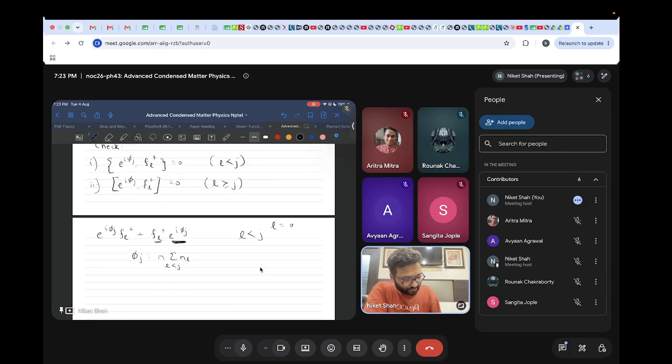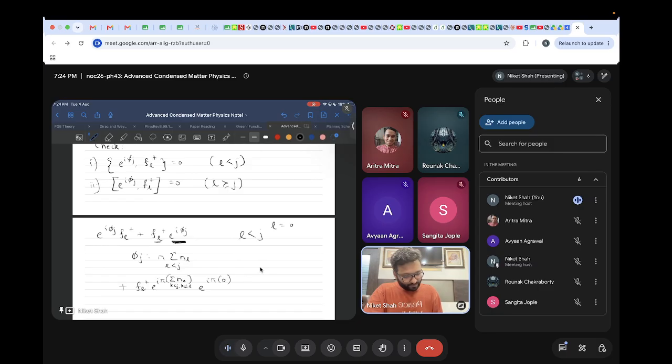Then when I calculate this, what I get is FL dagger, and this has e raised to power I pi into other numbers less than J and K not equal to L, and it also has e raised to power I pi, and because L is not occupied, this gives me a 0 here.